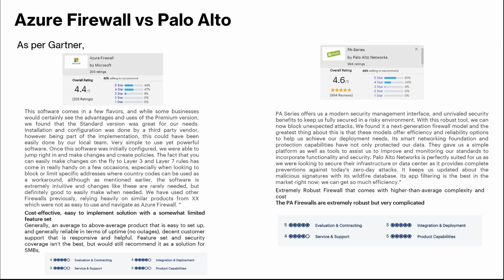So that is true. At the same time, we need to understand that these are extremely robust but very complicated. This complicated part is the one that should be concerning to decision makers when you start working on Palo Alto. Imagine that when you deploy this kind of complex technology, you need specialized people with specialized skills to deal with it.